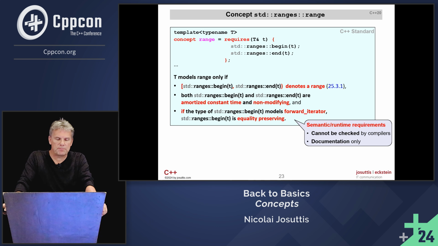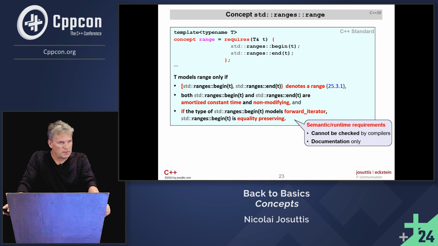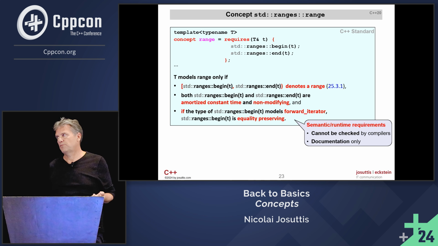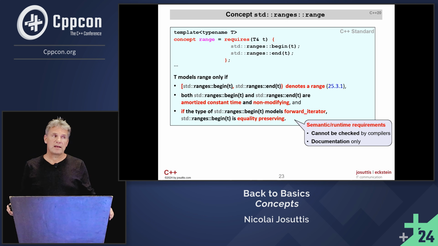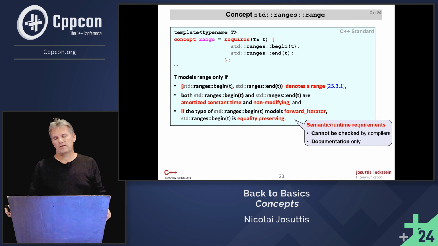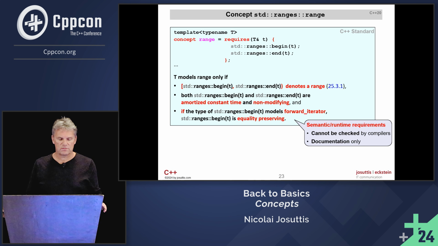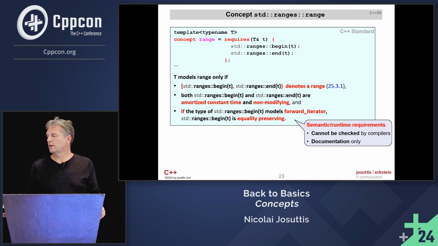They cannot be checked by a compiler. The reason we have them is they document. So in this case, the concept only documents what we expect from a range. And with that expectation, we also can say if somebody has a range, they can expect that begin is reasonably cheap. Okay? Good. What else?